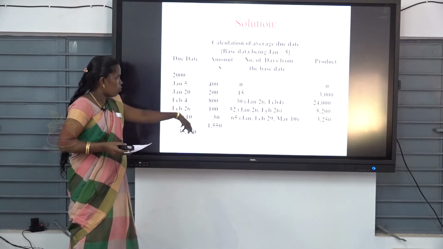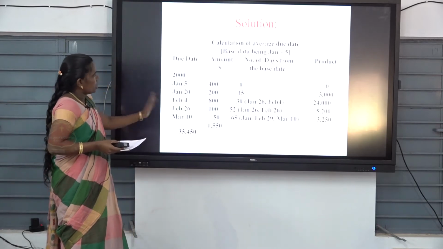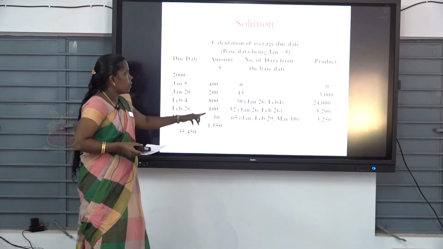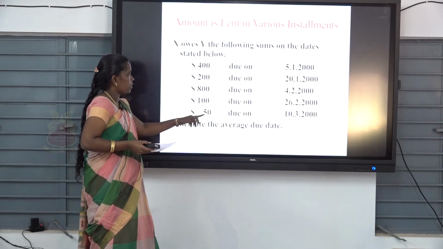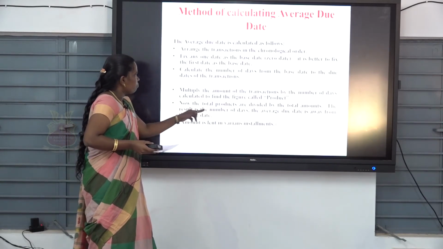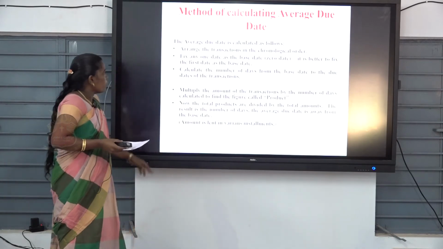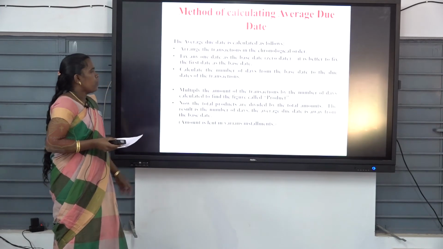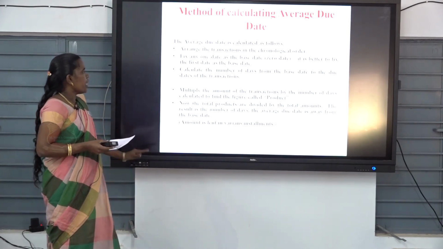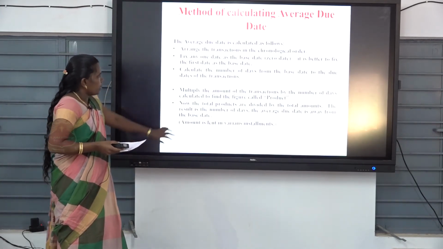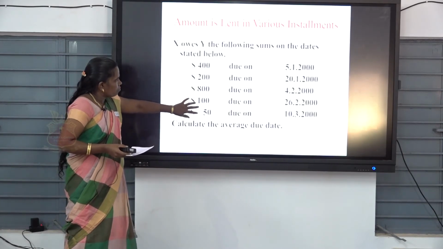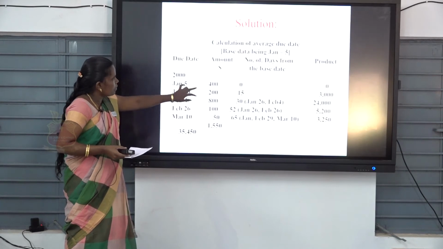Next, the amount column, and then the number of days from the base date. Point number 3: calculate the number of days from the base date to the due dates of the transactions.